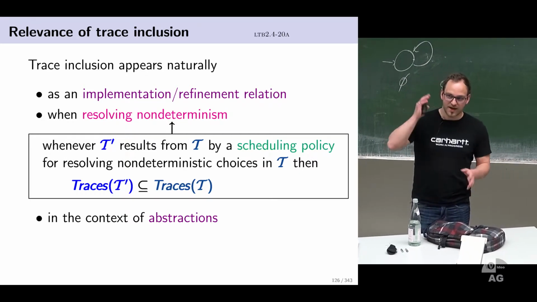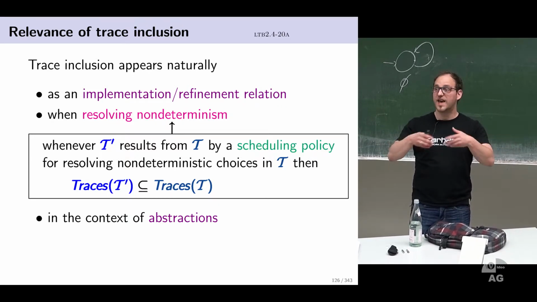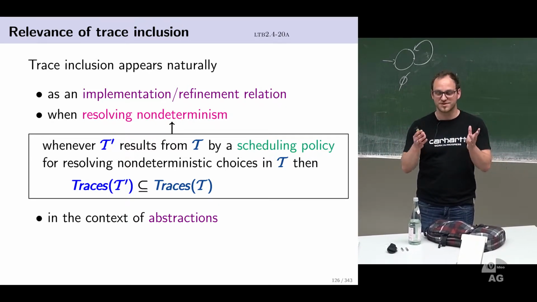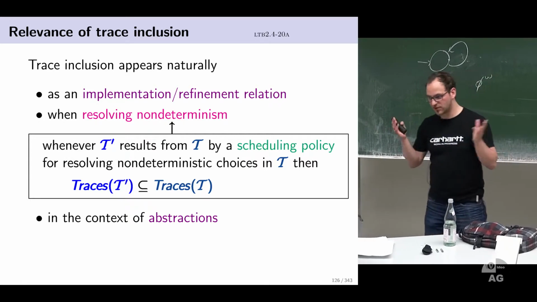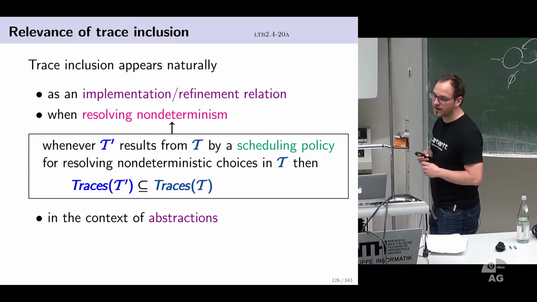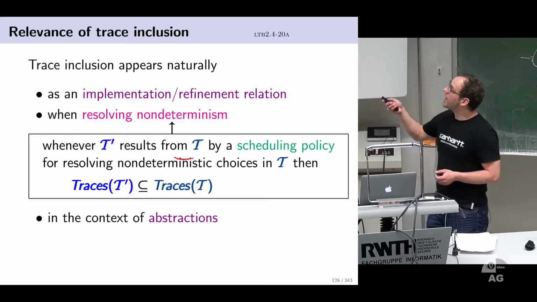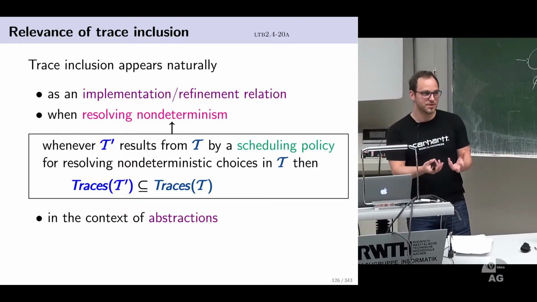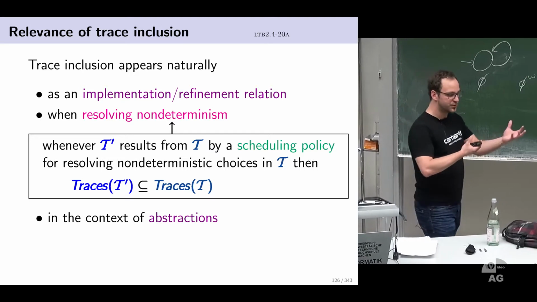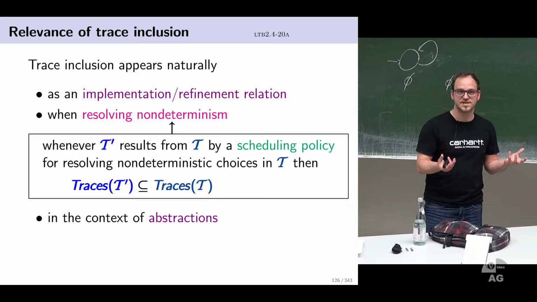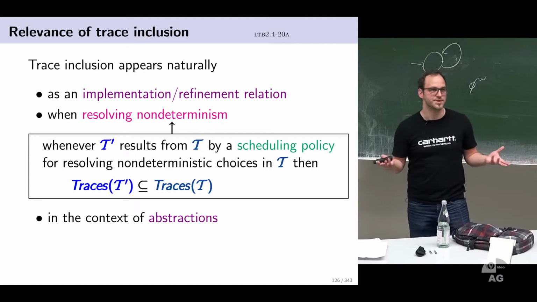You want to say, okay, I have all my behavior of my system, but I want to find a strategy that is also meaningful in some way, that resolves all the non-deterministic choices. And if you apply such a strategy to a transition system, you will naturally come to a transition system that includes a subset of the traces of the original transition system.